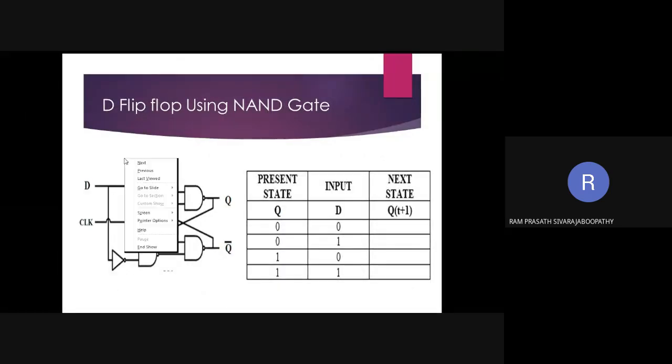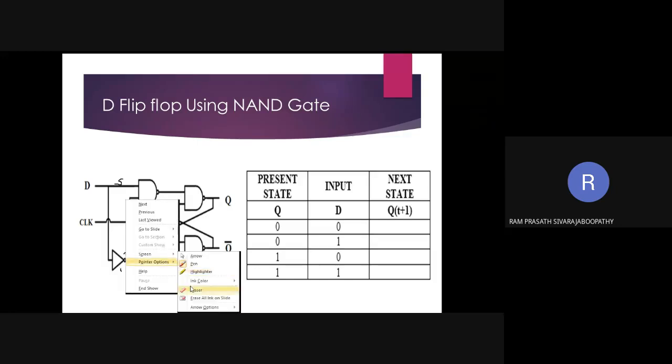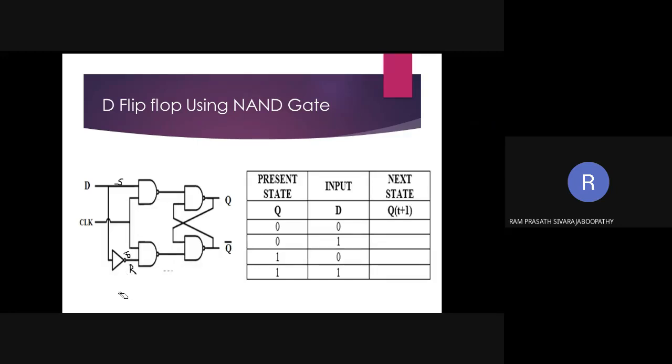In the same SR flip flop, what we have done is S input equal to D, and for R input we gave D bar. So if D is here, D bar comes here. So the complement of the D input is given as the R input. That's all.